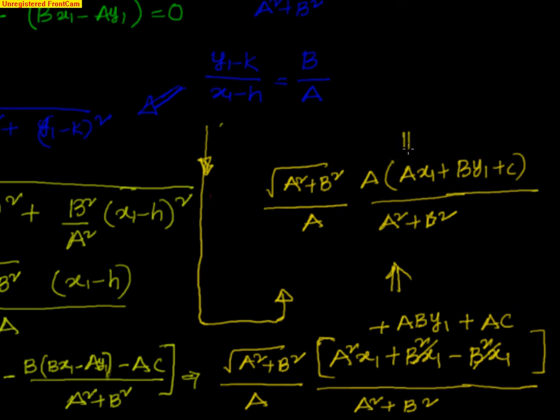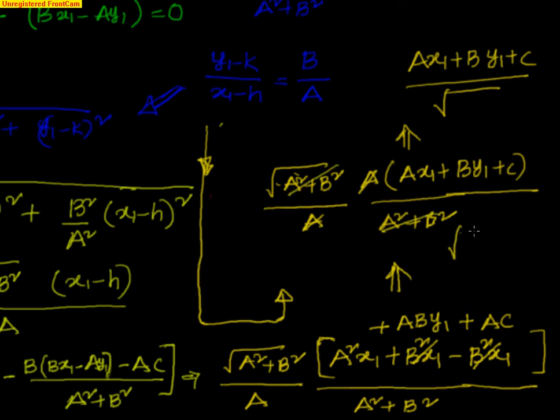The a cancels. I get ax1 plus by1 plus c by square root of a square plus b square, because this goes square root of times square root of a square plus b square.